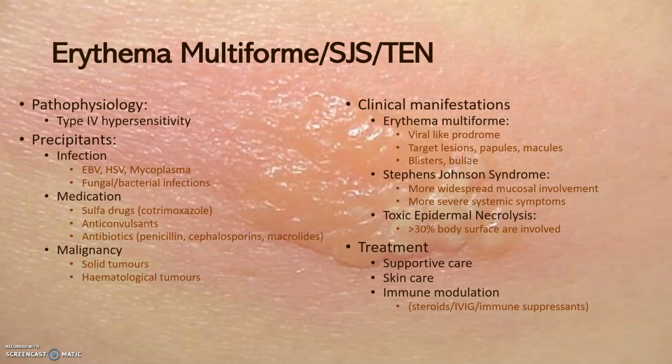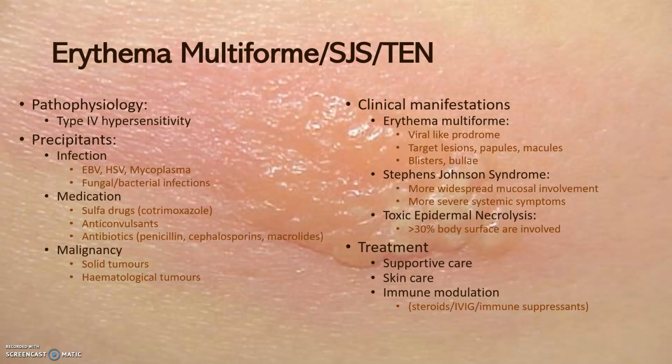So erythema multiforme often has a viral-like prodrome, which then progresses to a rash associated with target lesions, papules and macules, as well as blisters and bullae. The mucous membranes may be involved in erythema multiforme major, but it's mostly a skin problem.